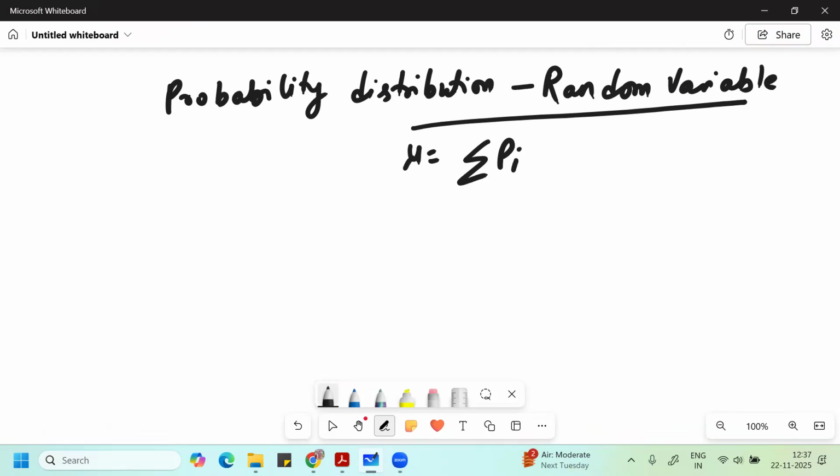The formula of mu is summation of pi into xi, where xi are the individual values, the possible outcomes in the event, and pi is the probability associated with each. We'll multiply them and do the sum.